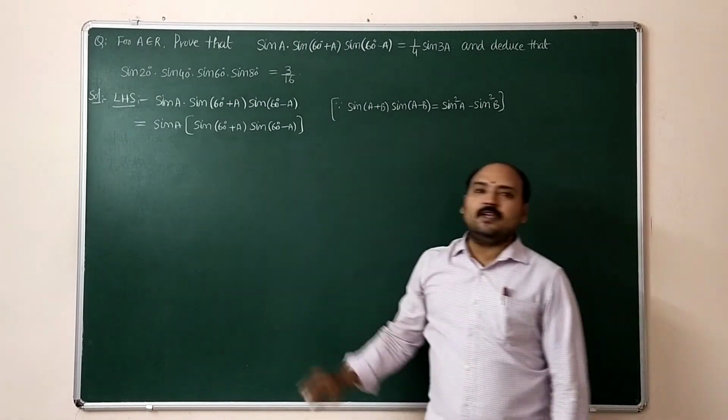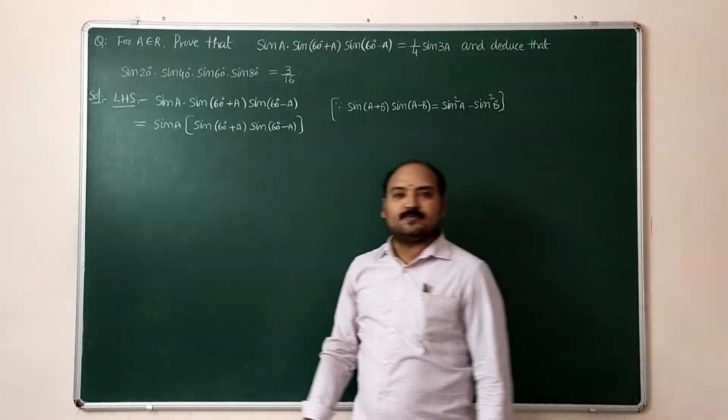So this bracket value is in the form of sin of (A plus B) into sin of (A minus B).